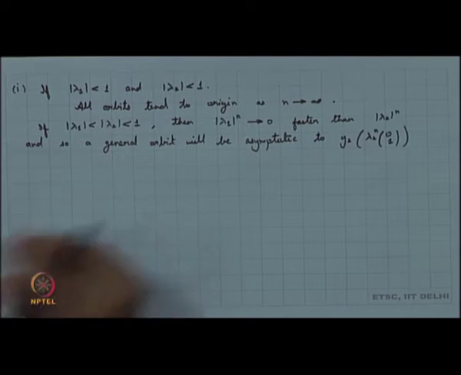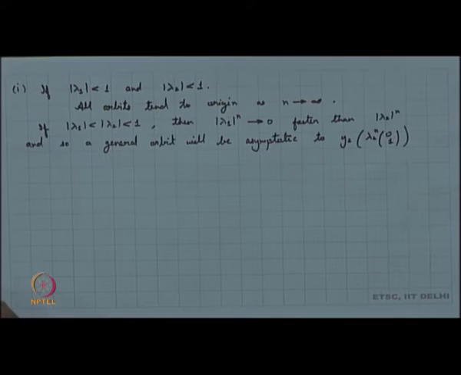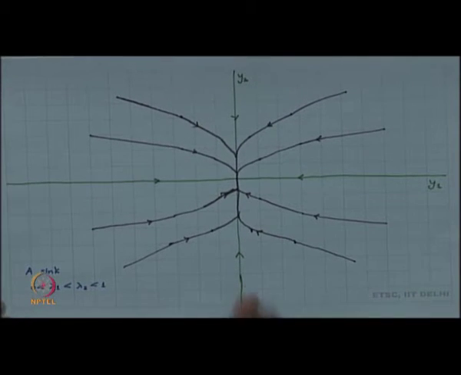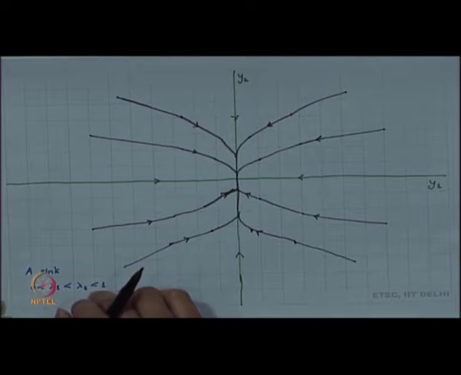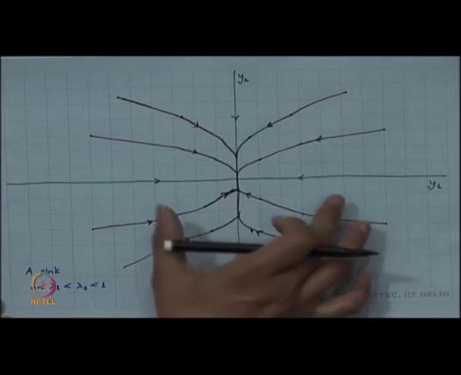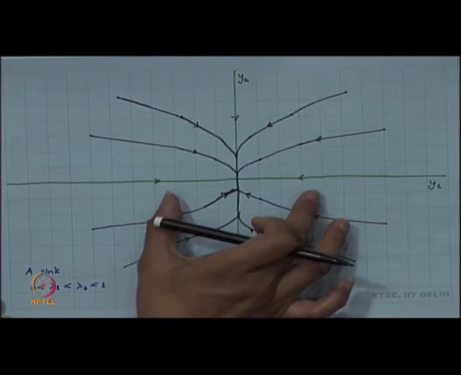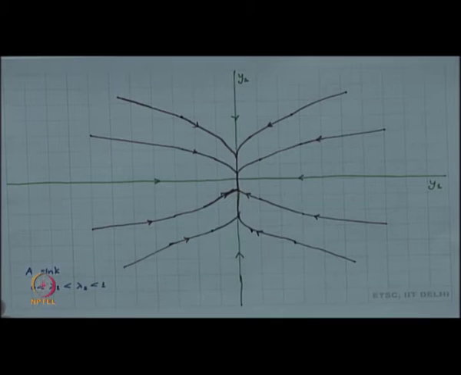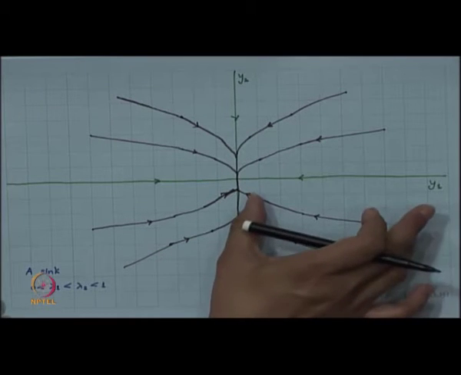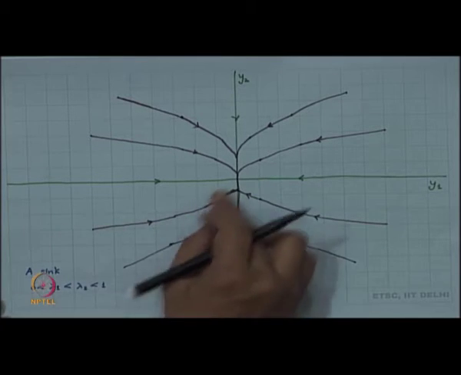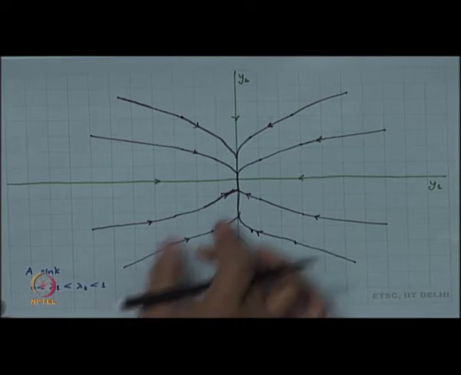On the other hand, let us look at the picture here, when mod of lambda 1 is less than mod of lambda 2, which is less than 1. You have this direction of y1 and this direction of y2. Since the eigenvalues are less than 1, it is converging to 0 in both directions. But lambda 1 is tending to 0 faster than lambda 2, so every orbit, from wherever you start, first converges towards y2.